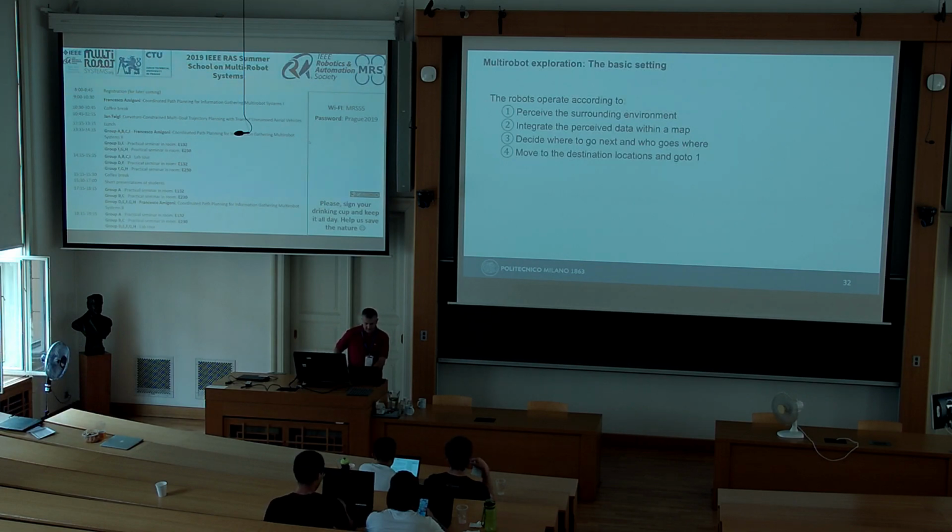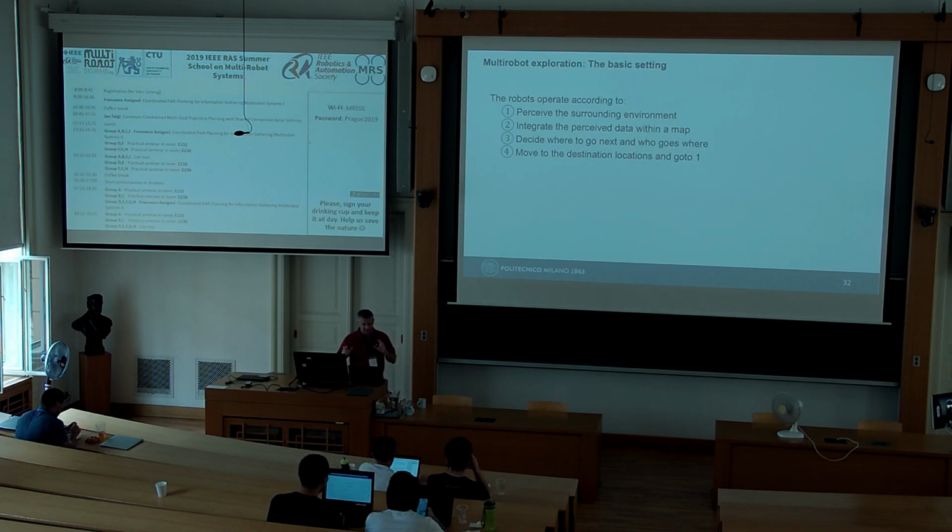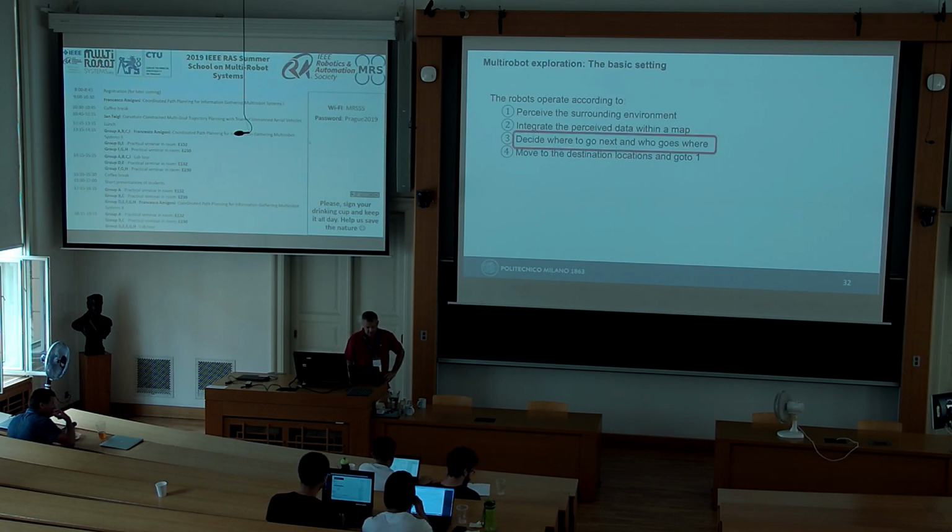So, I will try to make a very short recap of where we interrupted in the first part. This was the basic setting for multi-robot exploration, and we said that we are concentrating on the techniques for deciding where to go and which robot should go where.